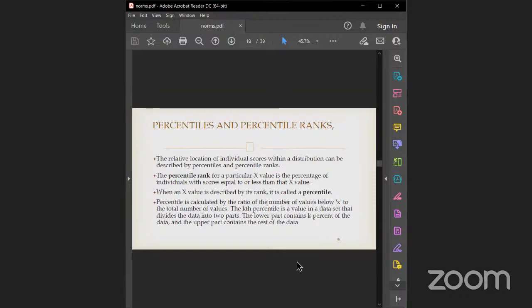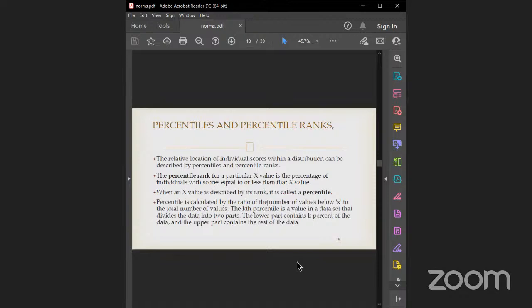We're going to look at how many scores fall under that particular number. Let's say, for example, 3 scores fall under that number, and we have a total set of data as 6. So it's going to be 3 divided by 6 that will give us the percentile. For percentile rank, there's a little bit of an extra step that we need to do, which we'll look into in a little bit.